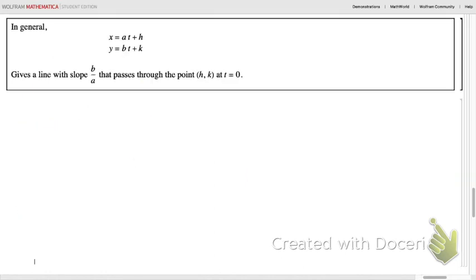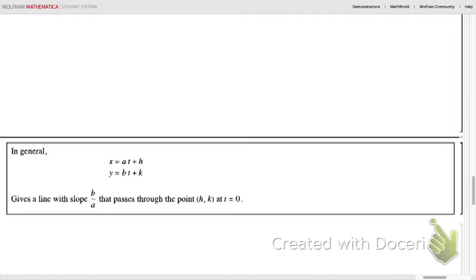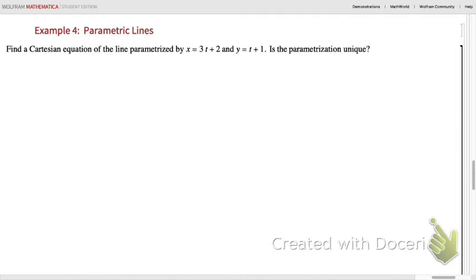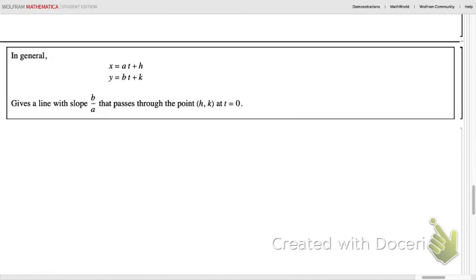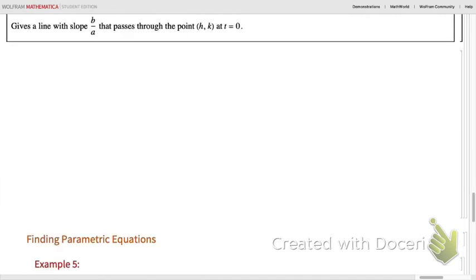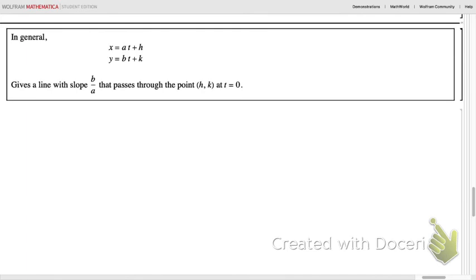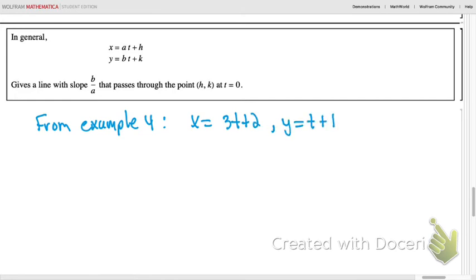so in general, though, x equals at plus h and y equals bt plus k. This is going to give you a line with slope b over a that passes through the point (h, k) at t equals 0. So if you come back to your previous parameterization from example 4, what we had was x was equal to 3t plus 2, and y was equal to t plus 1.